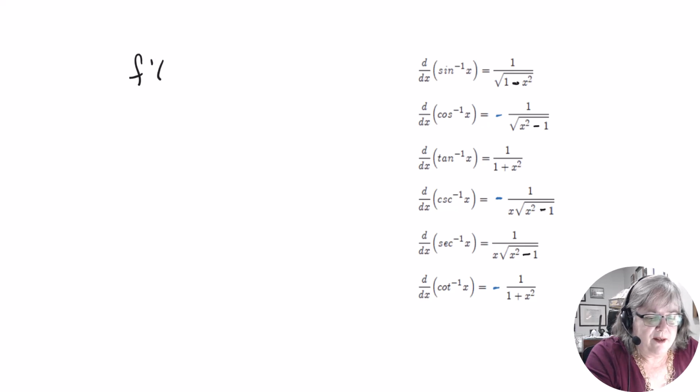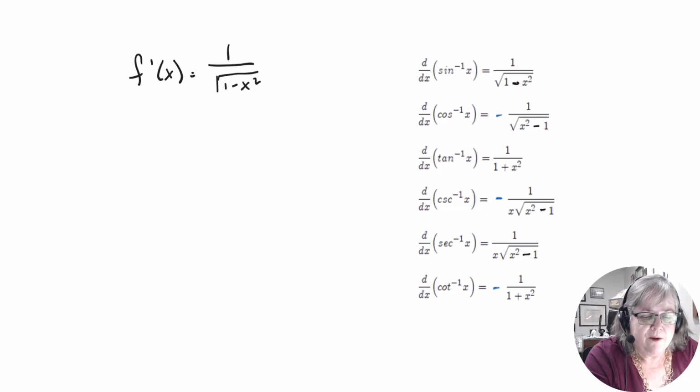And you'd have, if I tell you that f prime is 1 over the square root of 1 minus x squared, you look through these patterns, and your teacher may have let you have a formula sheet where they give this to you, or your teacher may require you to mentally memorize these.